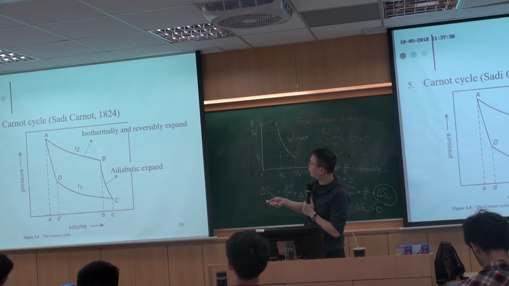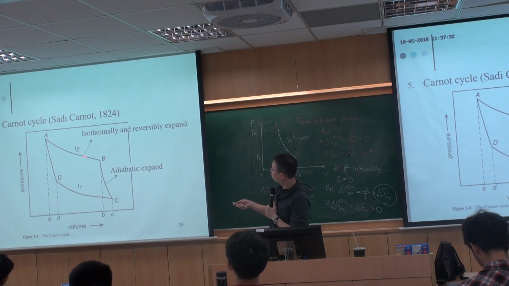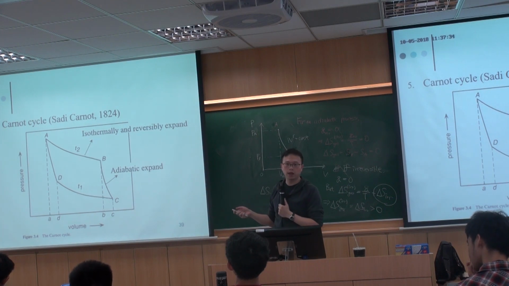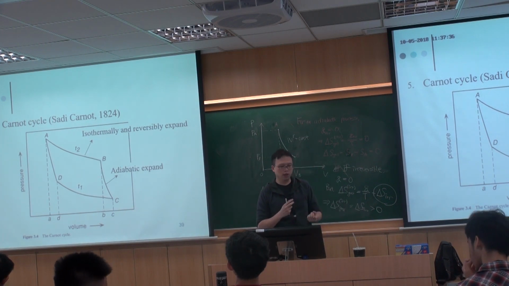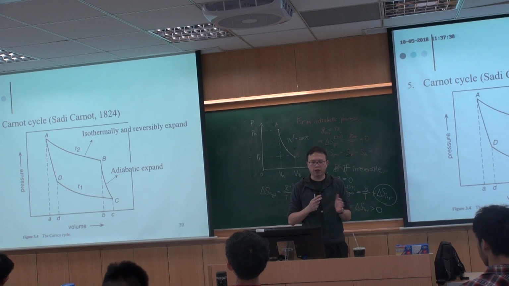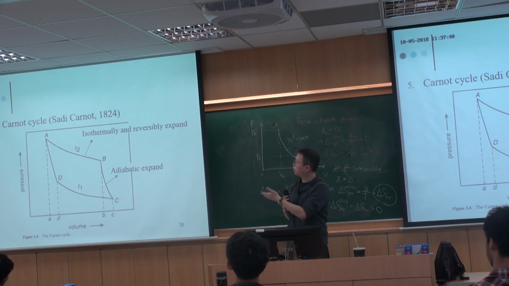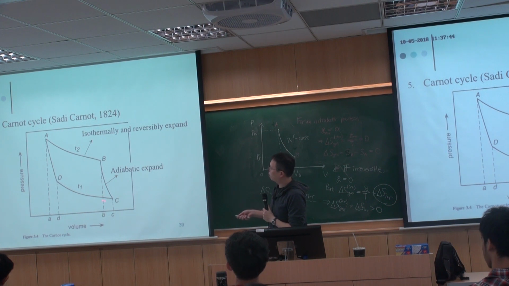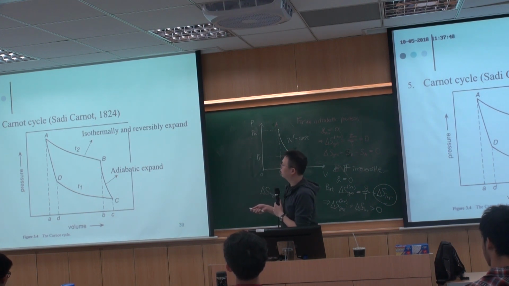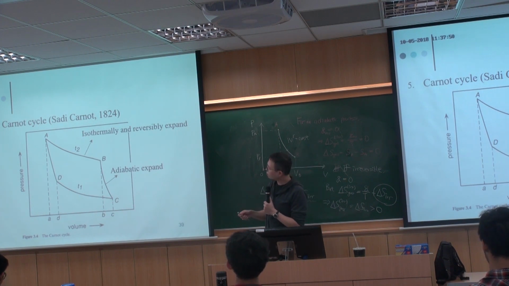At the very beginning, you have the isothermal expansion, and it is a reversible process. From now on, a lot of things that we discuss, especially on the PV plot, will most of the time be reversible processes.